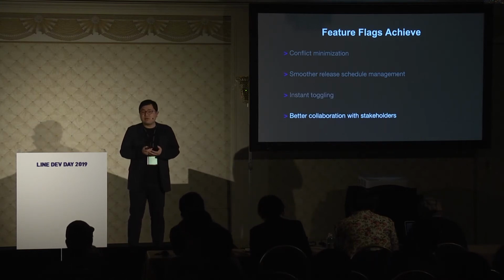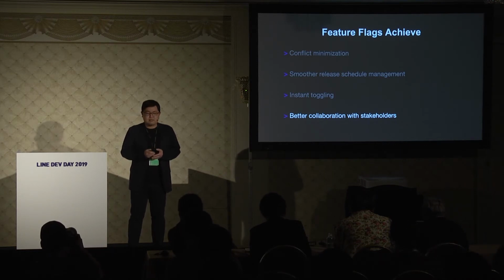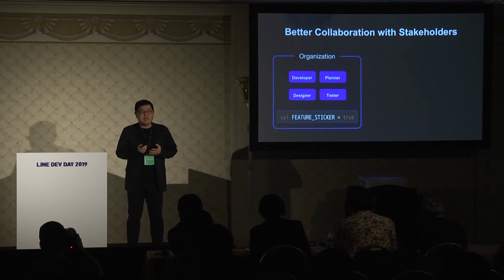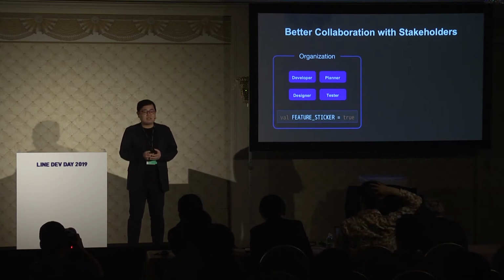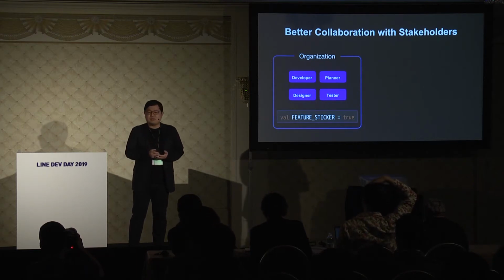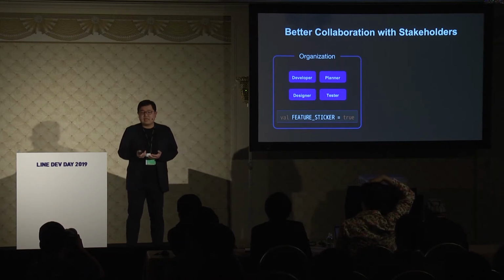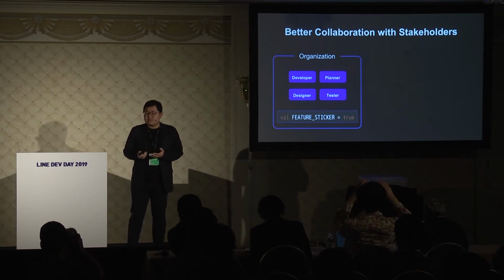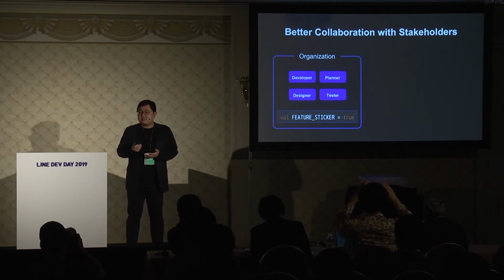And finally, that would also be beneficial to collaboration with the other members. By using the feature flag for development, the feature code can be visible on the main branch during the development. Not just the developer, but the planner, designer, tester, and all the other people can share the result.